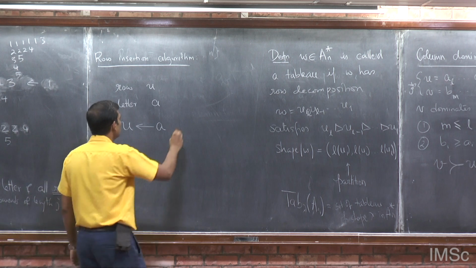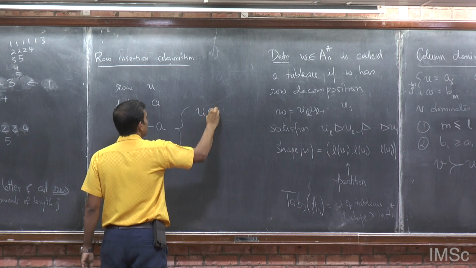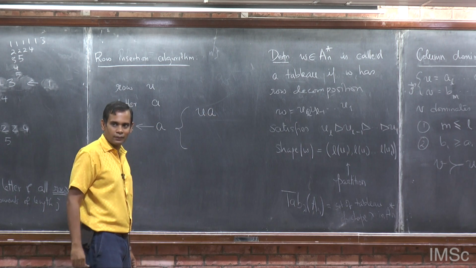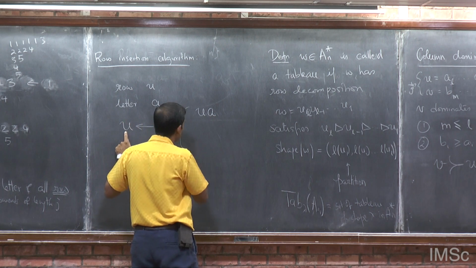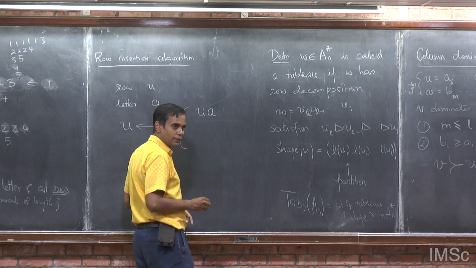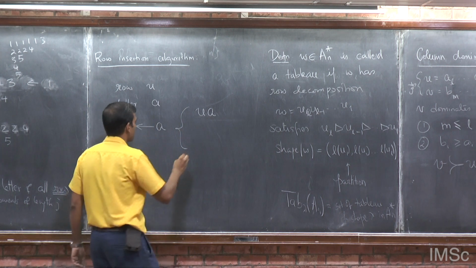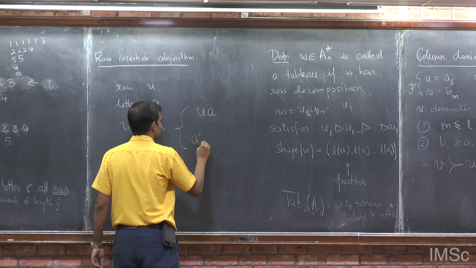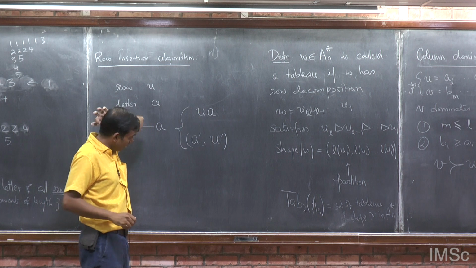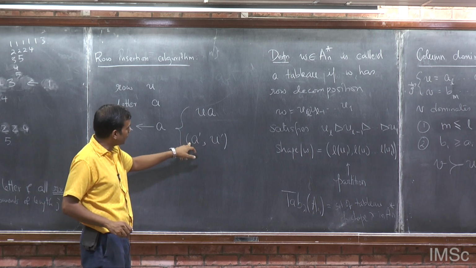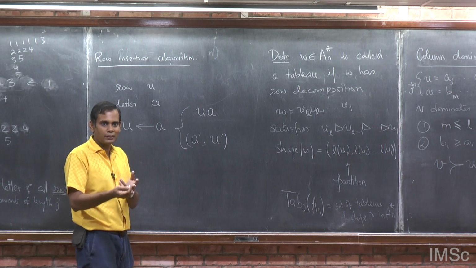Either this letter A came to sit comfortably to the right of U, or this A replaced some letter in U, which then got bumped out, which we threw out. So there were two cases, one where we just appended A to the end, and the other where we threw out A prime and replaced one of the letters of U by A.